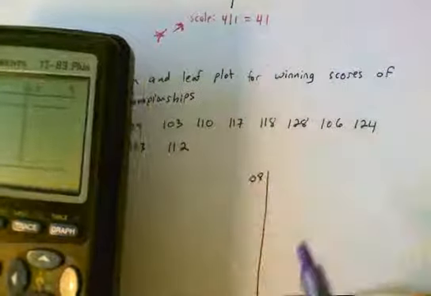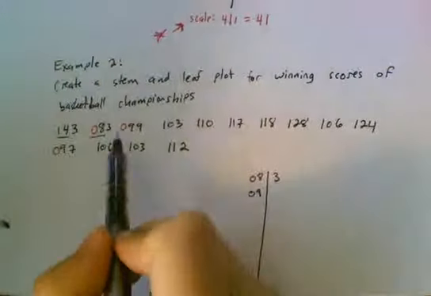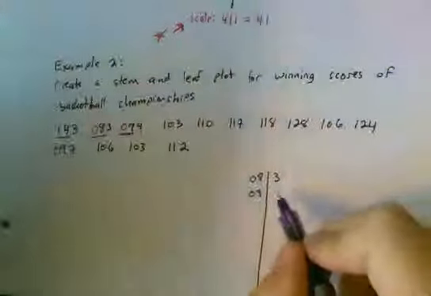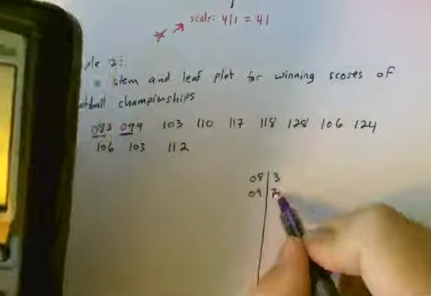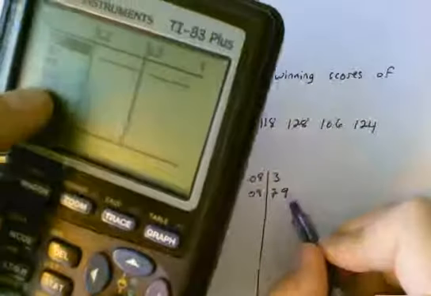So going here, our first number is 083. Then our second stem is 09 right here. And let's see, 97, 99.